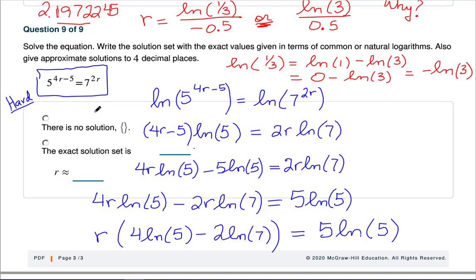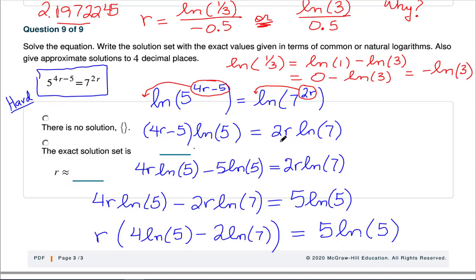Either way, I'm going to use natural log just because it's shorter to write. So I start off by taking the natural log of both sides. Natural log of something to an exponent, then this exponent can jump out in the front. Similarly, this exponent can jump out in the front.